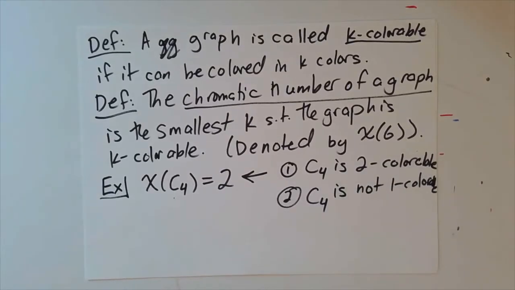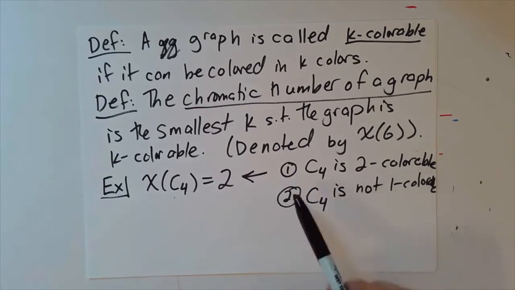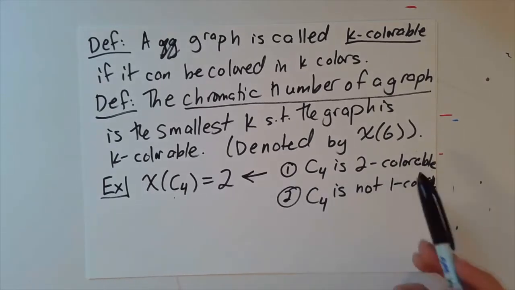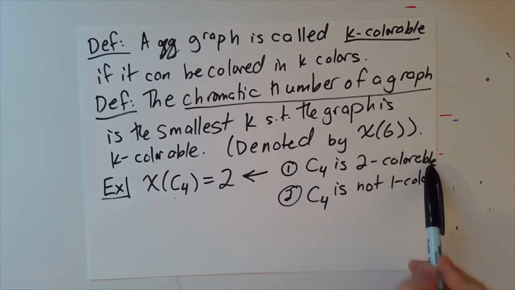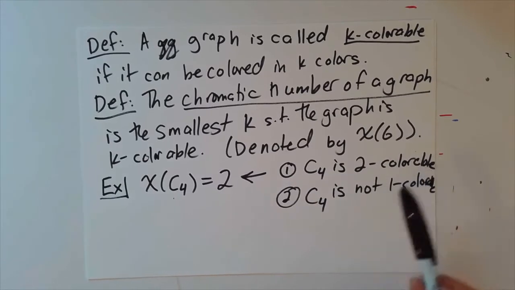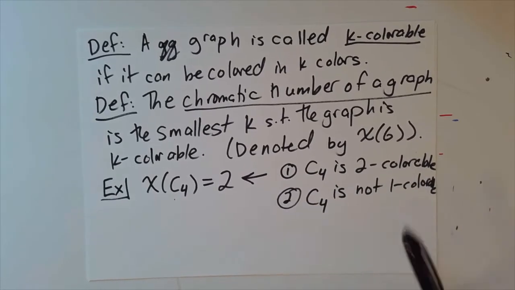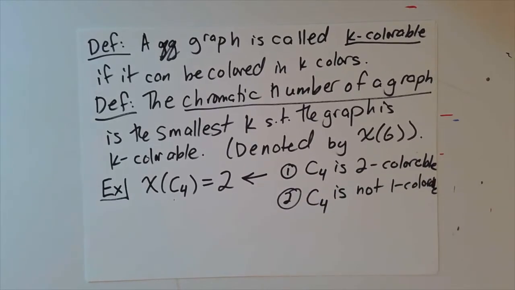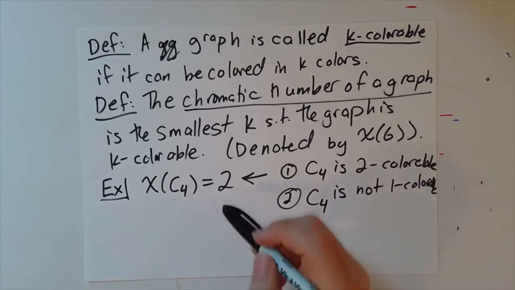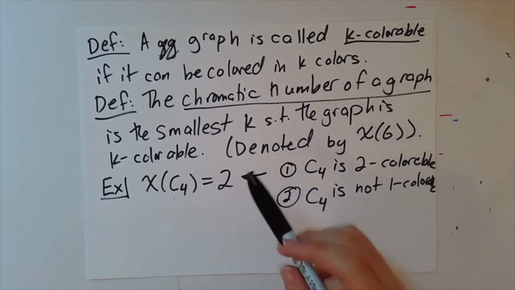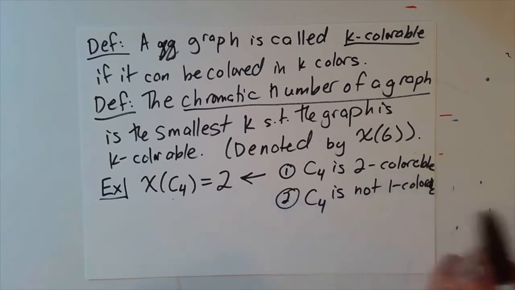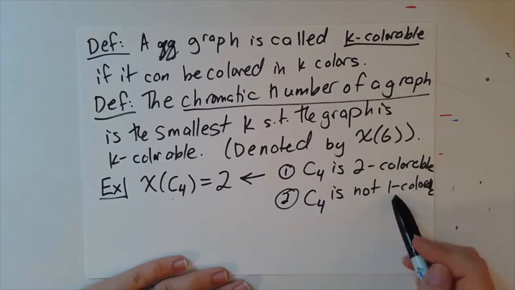Okay, and so every time you're proving that you know the chromatic number of a graph, you're really proving, hey, both I can color it in that number of colors, but also I can't color it in a smaller number of colors. Now, in this case, because I'm claiming the chromatic number is 2, I am saying I can't color it in one color.